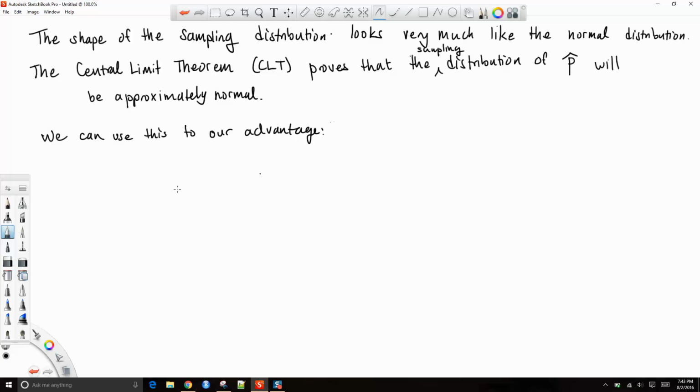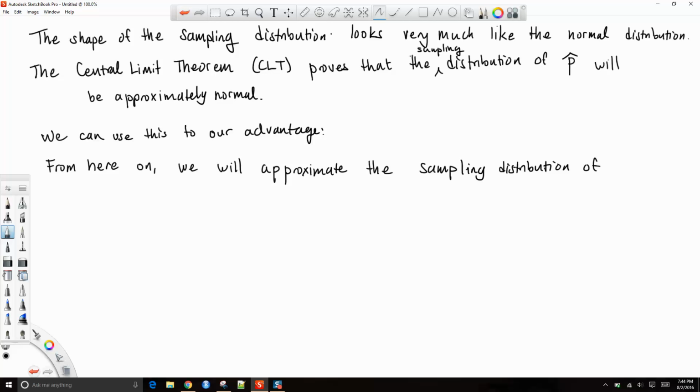From here on, we will approximate the sampling distribution of p-hat with the normal distribution.